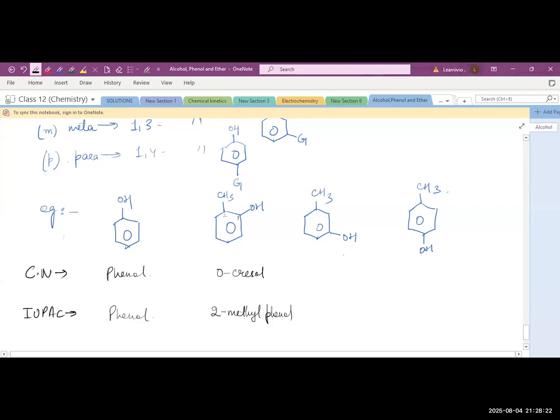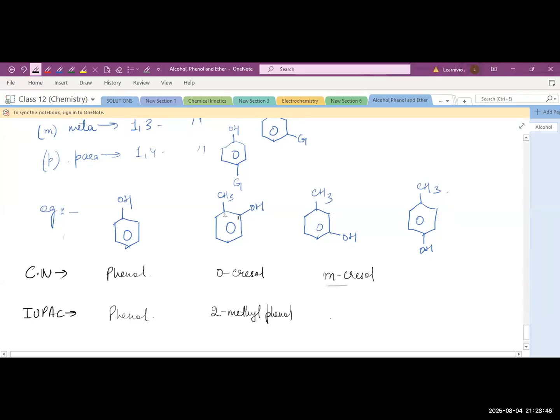For the third position, we use metacresol, right? Corresponding to OH, what is the position? Since OH is fixed, this is ortho and this is the meta position, so we call it metacresol.